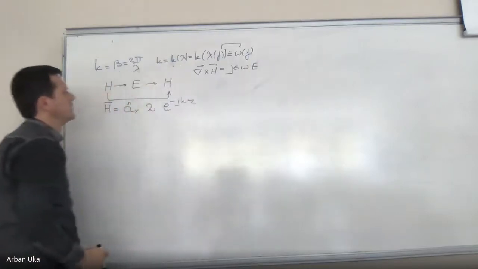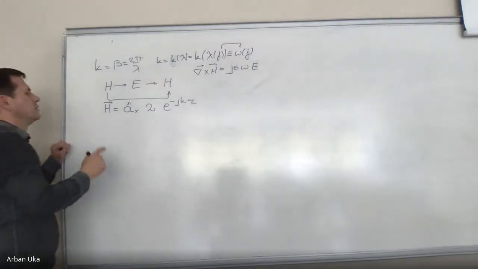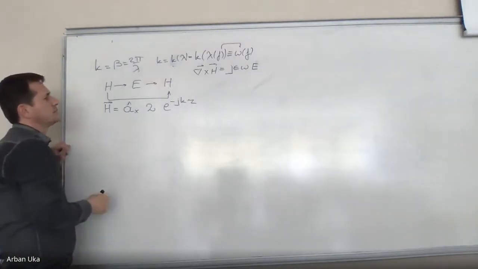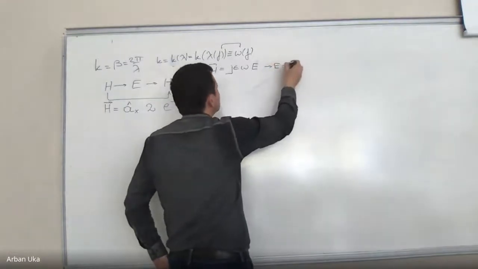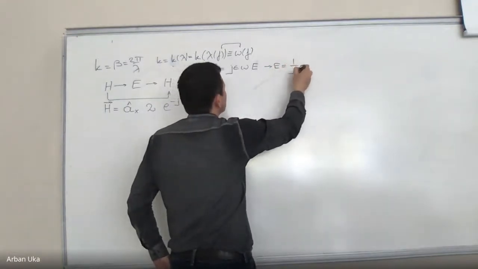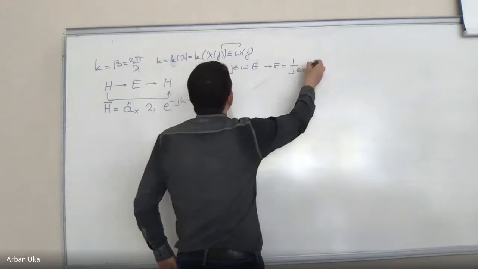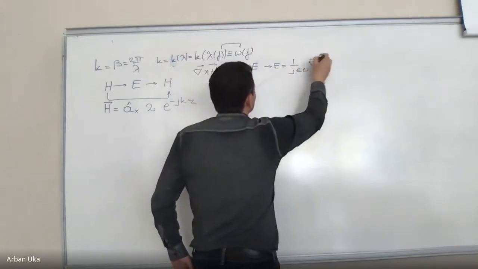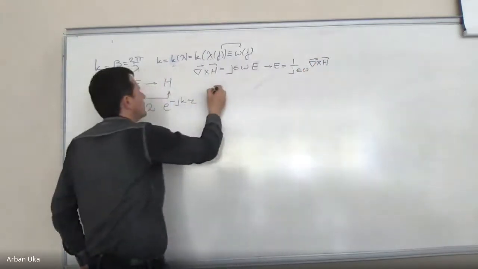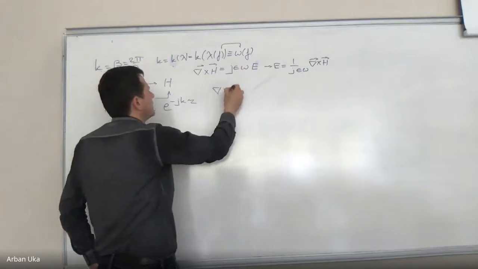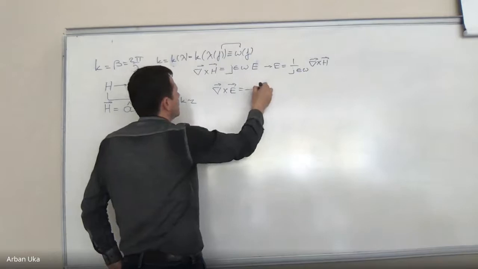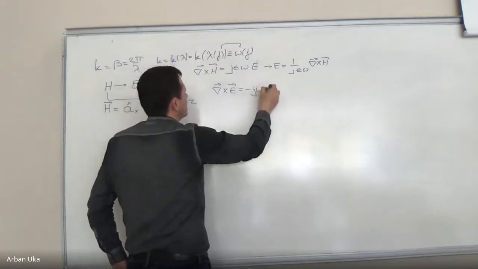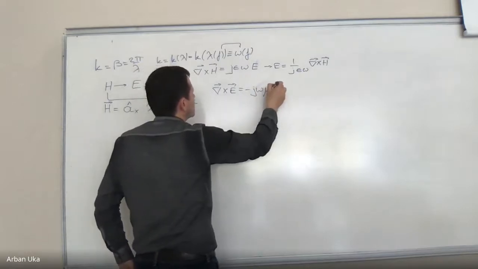So from here, we can say that E is equal to 1 over j permittivity omega, curl of H. On the other side, we have the curl of E equal to minus j omega mu H, right?